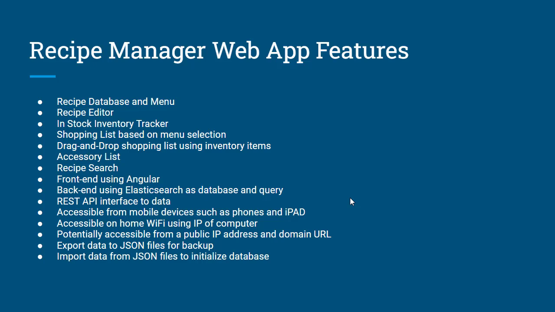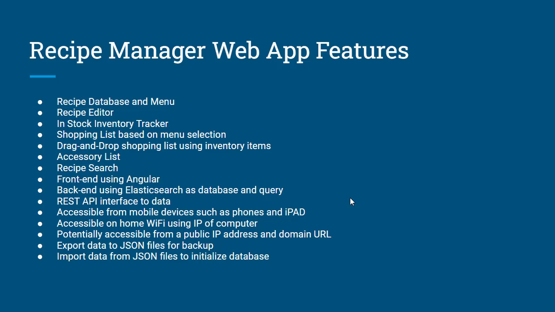So my goal here is to have a web page where I have a list of recipes, and I also want to have a page there that has all the stuff that I have in stock, like, for example, spices and whatever I have on hand.